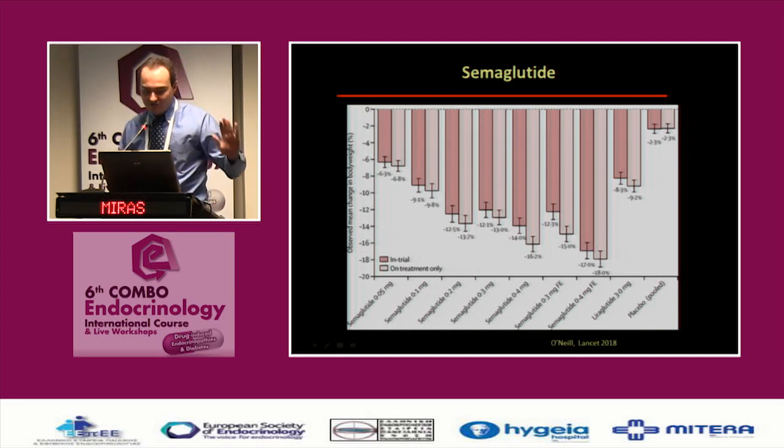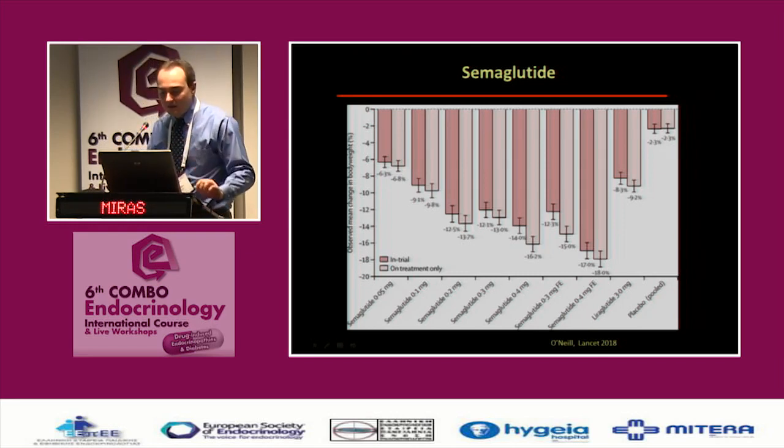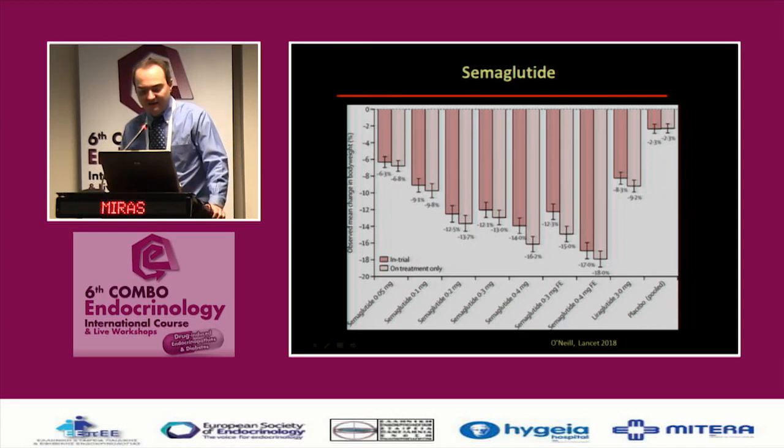This is a game changer. We're talking about mean weight loss of 14%, with 25% of patients on semaglutide losing more than 20% of their body weight. So very impressive effects, very clean profile in general. So we're really looking forward to having that.